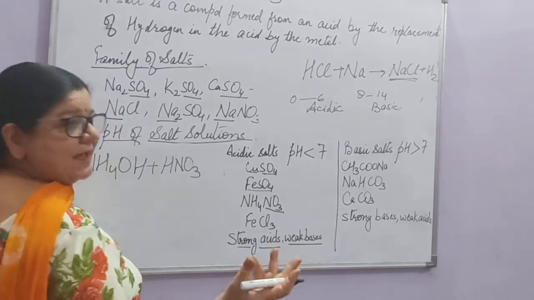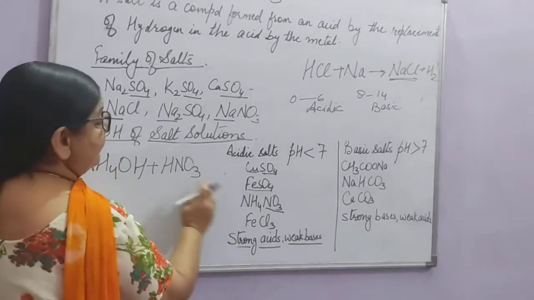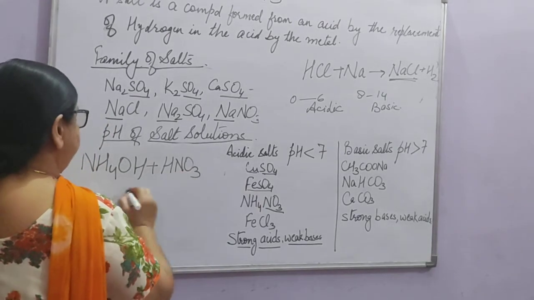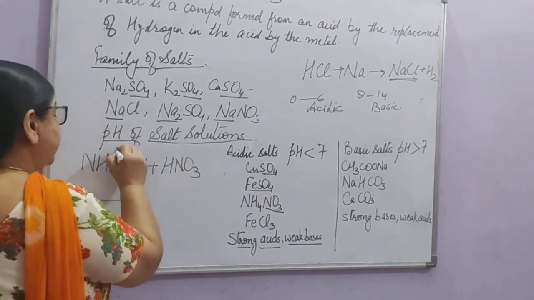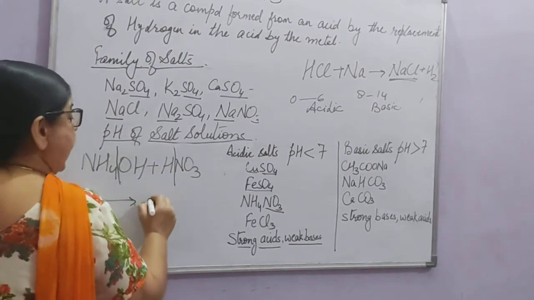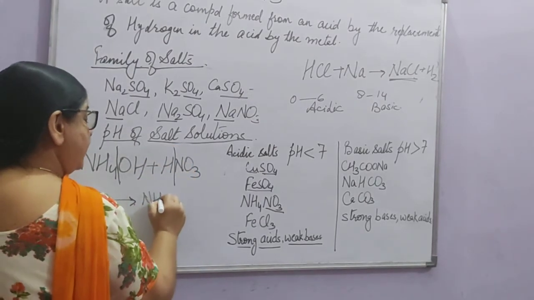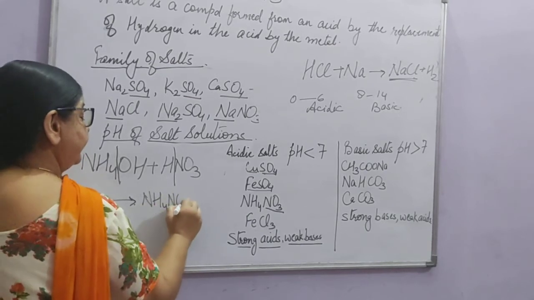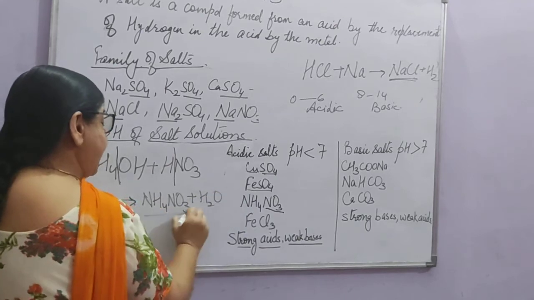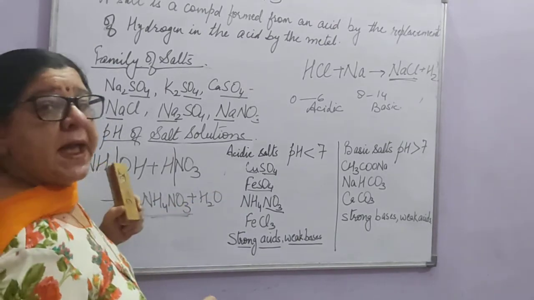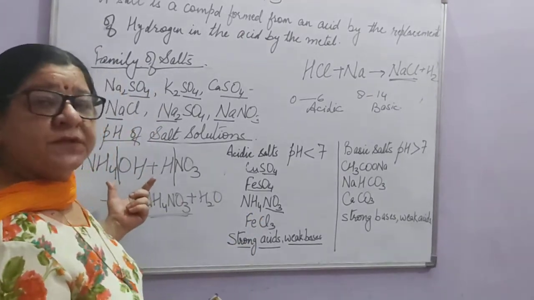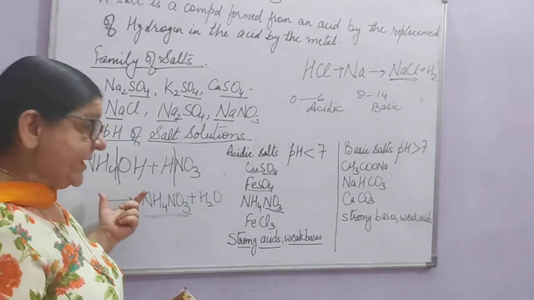You know, all acids have hydrogen ion in them. So if NO3 is written here, it is understood it is HNO3. What will this form? This will break from here, this will break from here into ions, and it will form ammonium nitrate plus water. So this ammonium nitrate will be an acidic salt, because ammonium hydroxide is a weak base.